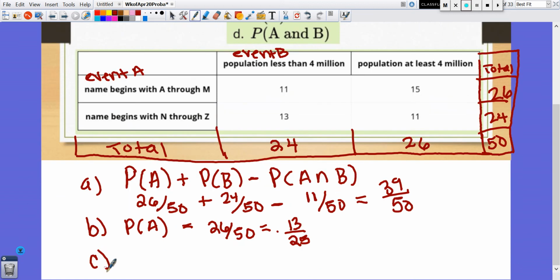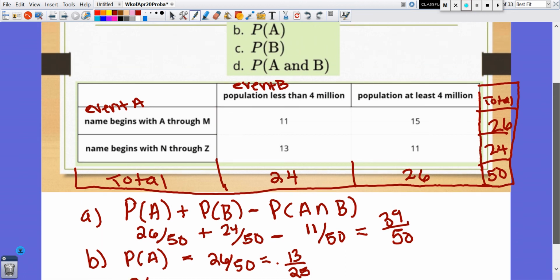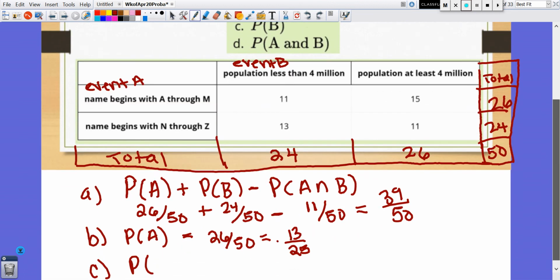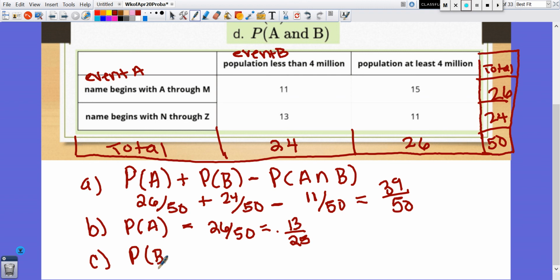Okay, C would be probability of event B. So here's event B right here, which is less than a million. So that's 24 out of 50, which is 12 out of 25. And this is already reduced, so we good.